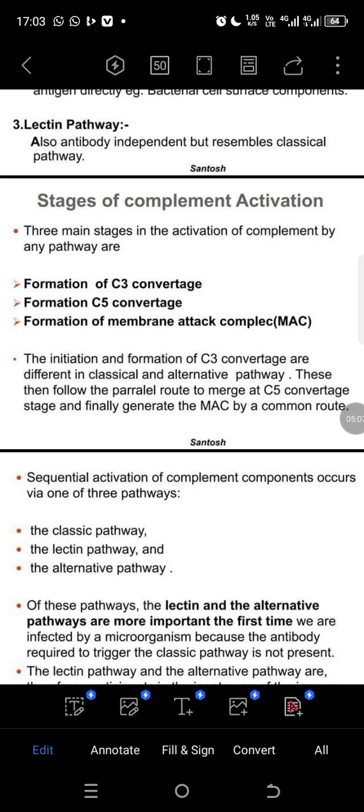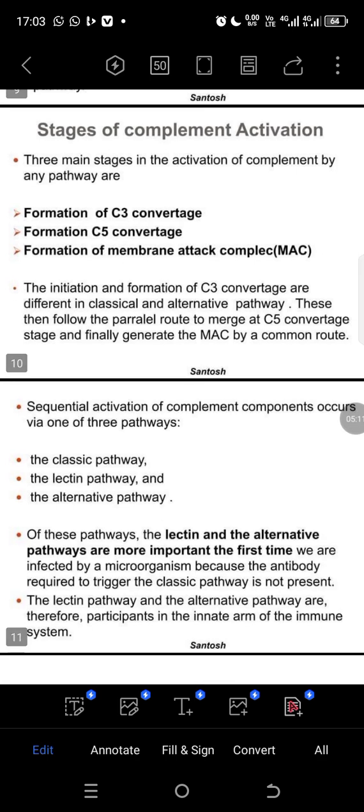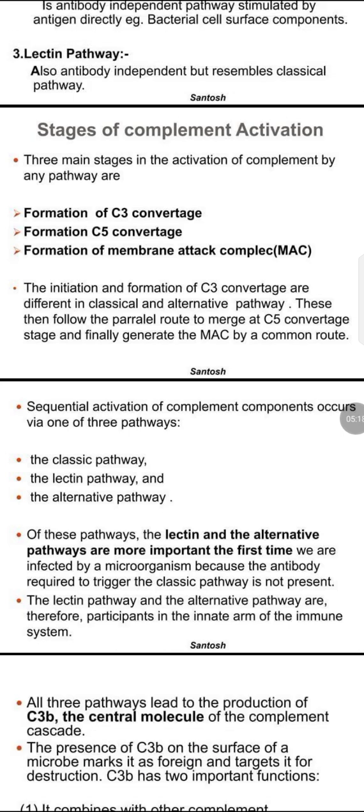We form the C3 convertase. When we mean C3 convertase, we simply mean the one that is going to cleave C3 into C3a and C3b. Then formation of C5 convertase, again cleaving into C5a and C5b. In the end, we also have formation of the membrane attack complex.